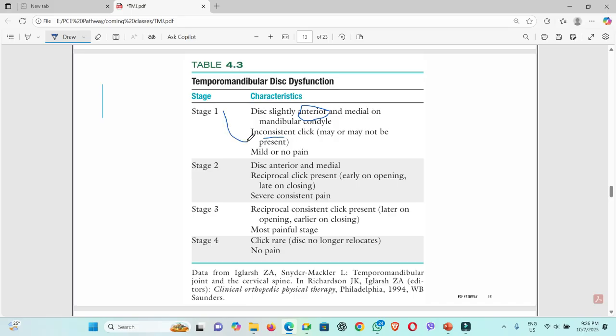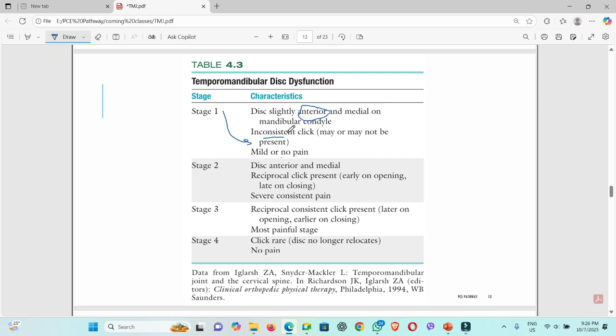Definitely at stage 1 there will be inconsistent click. May or may not be present. Mild or no pain. Okay, in stage 1 you consider it like a disc bulge of the low back, right? If disc herniation, basically, if that is stage 1, the person will have mild or no pain, right?